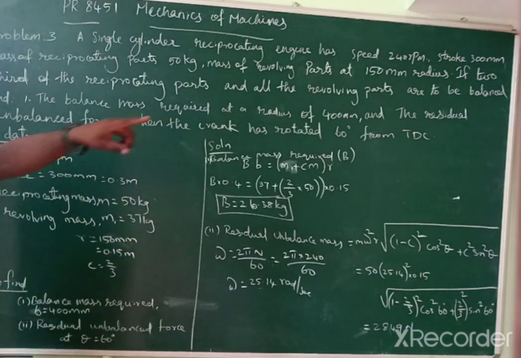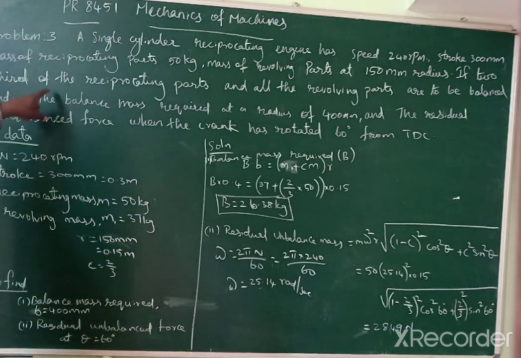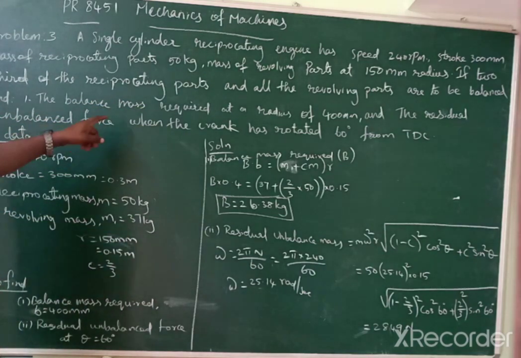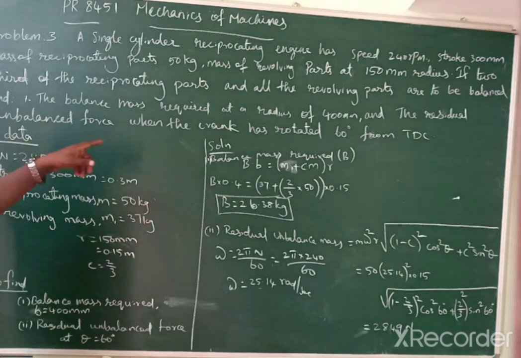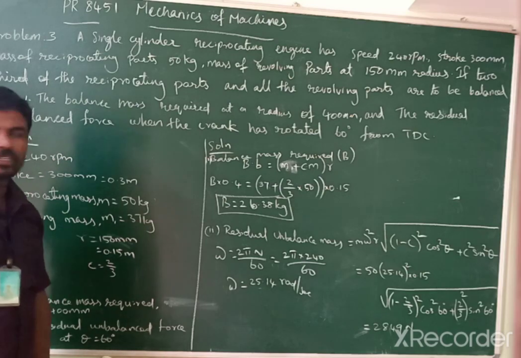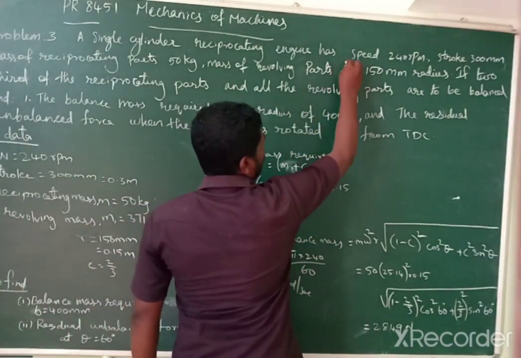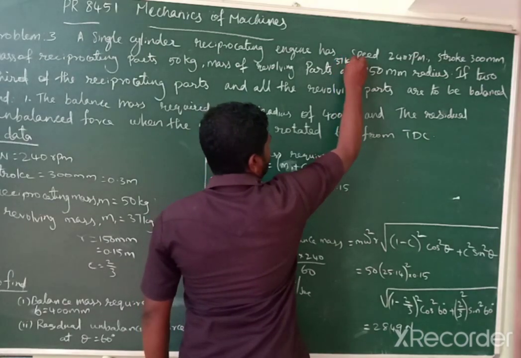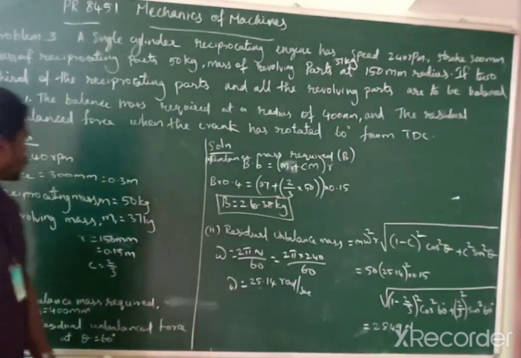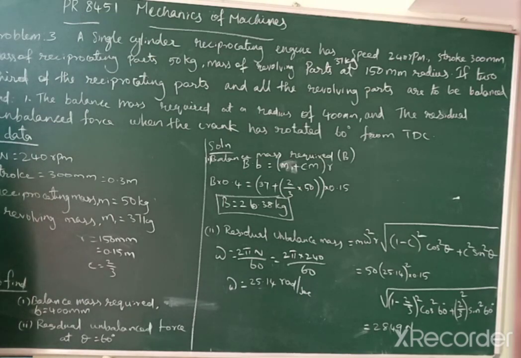If two-thirds of the reciprocating parts and all the revolving parts are to be balanced, find the balance mass required at a radius of 400 mm and the residual unbalanced force when the crank has rotated 60 degrees from the TDC. Right? Here they mentioned the revolving part mass is 37 kg. Right? Then write the given data.